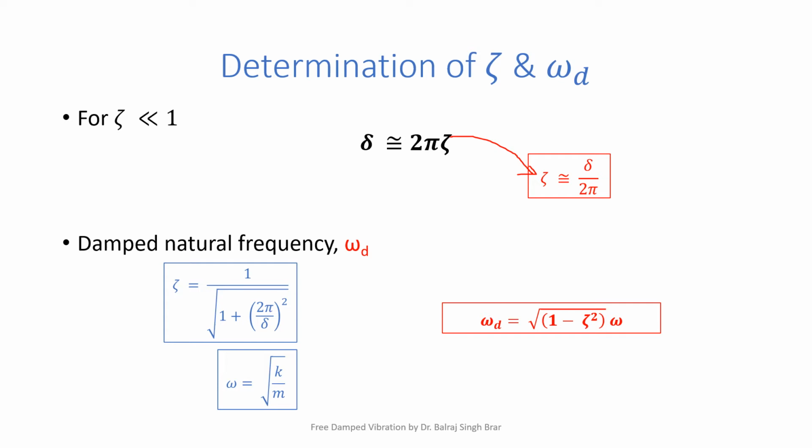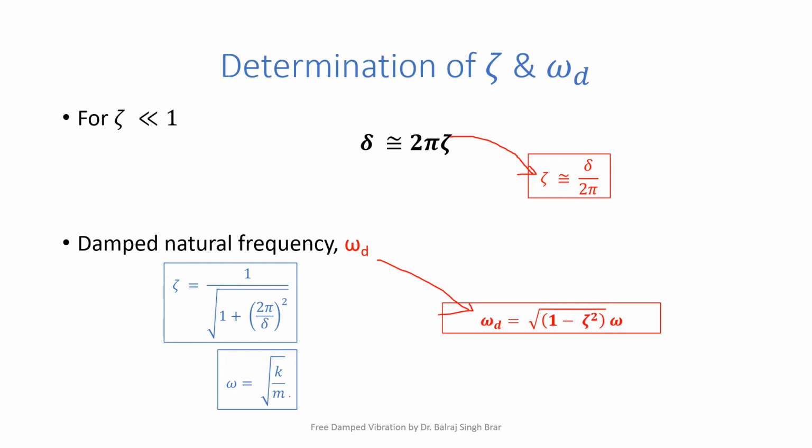And damped natural frequency of underdamped system omega d can be found out from this relation. We know the relation omega d is under root of 1 minus zeta square into omega.